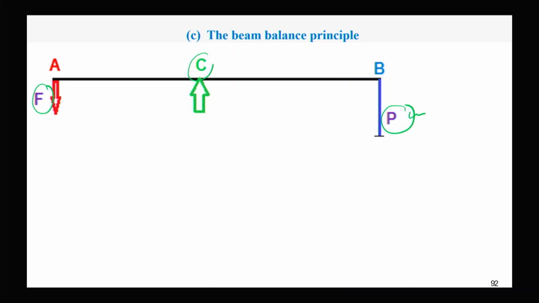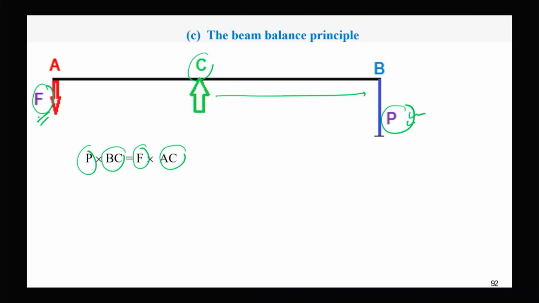If this ratio changes, then the P value will change when F is kept constant. So that's the principle, and the relationship is force P multiplied by the distance from the fulcrum point, and F multiplied by the distance from the fulcrum point AC.